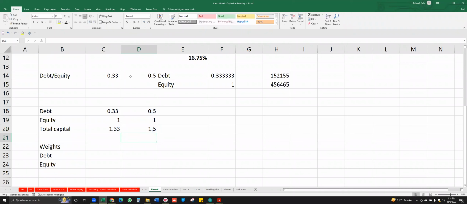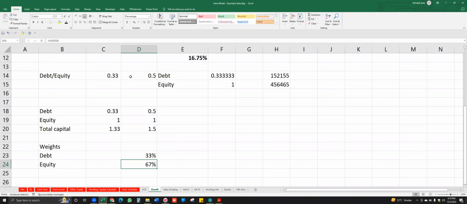This plus this, 1.5. How do you find weights? My debt is 0.5 out of 1.5, so this is 0.333. Obviously the other will be 0.6666. Just with one number you can find the weights.